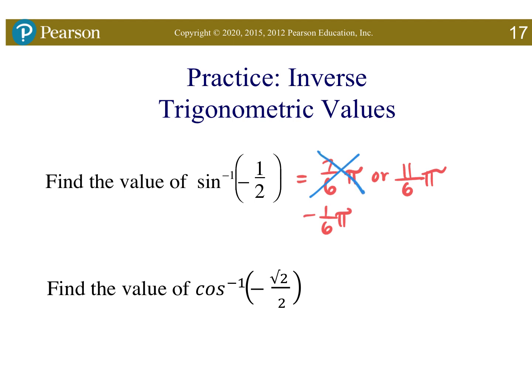Now, why not Brandon's 11 pi over 6? That's not in quadrant 3. But how did he get to it? He went around, and he went through quadrant 3. And you can't go through quadrant 3 either.